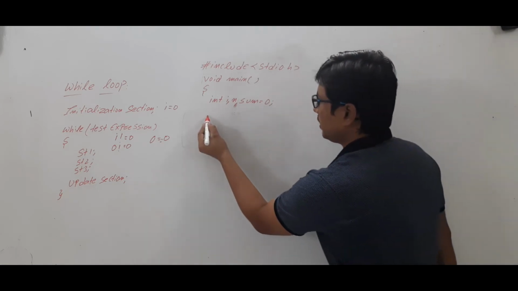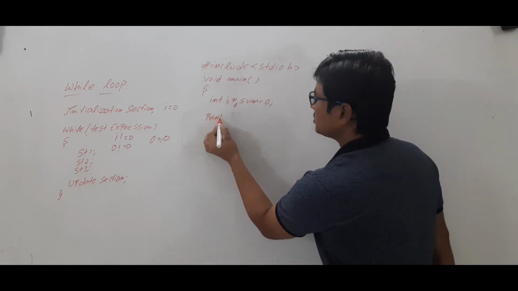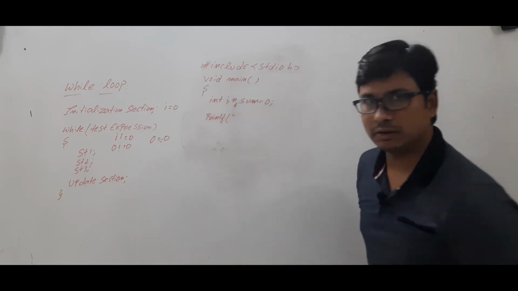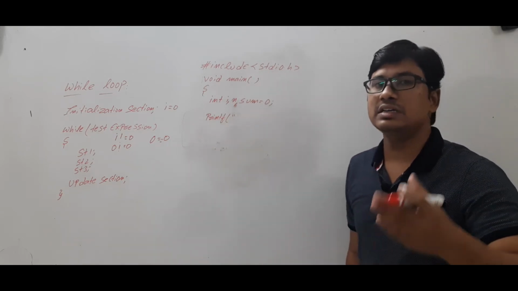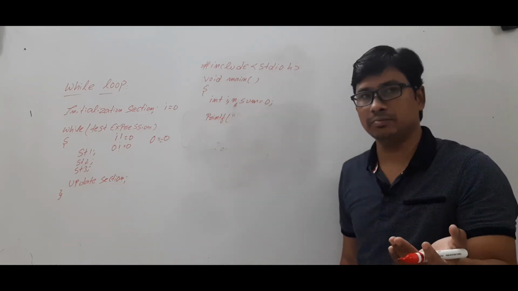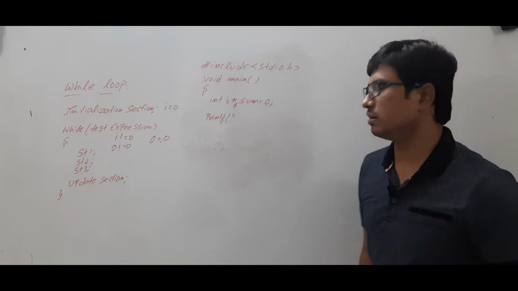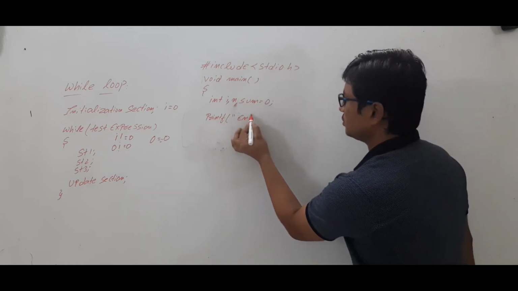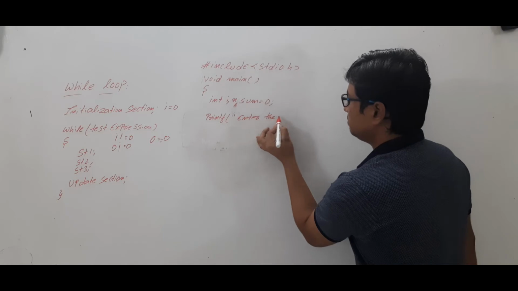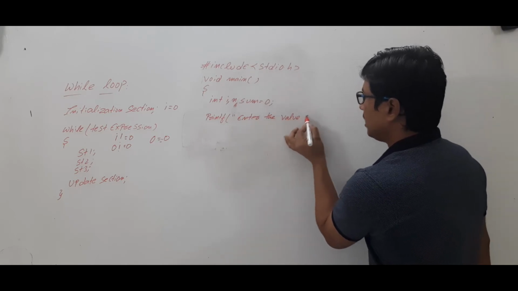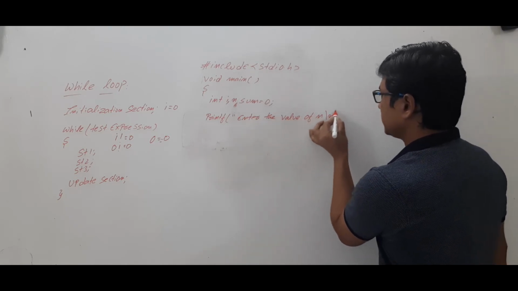Now printf, I will ask the user to enter the n value, because he needs to compute the sum of first n natural numbers. So you should know what the n value is. So you will ask the user: enter the value of n.